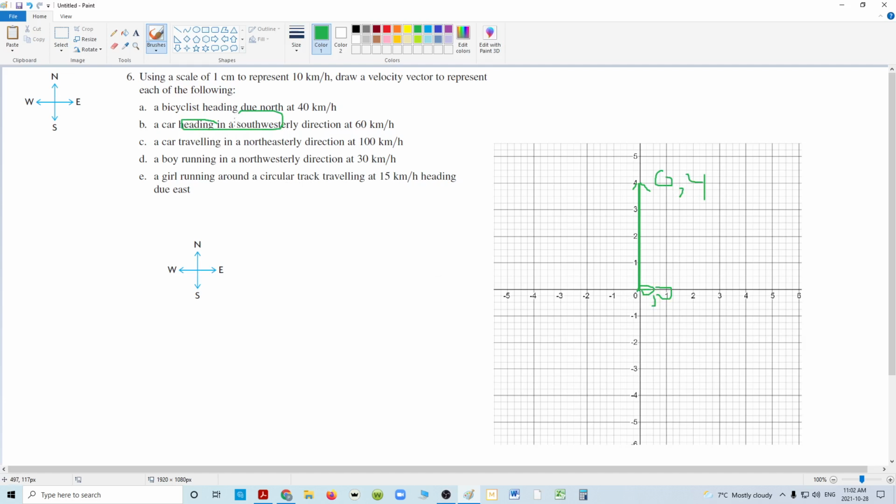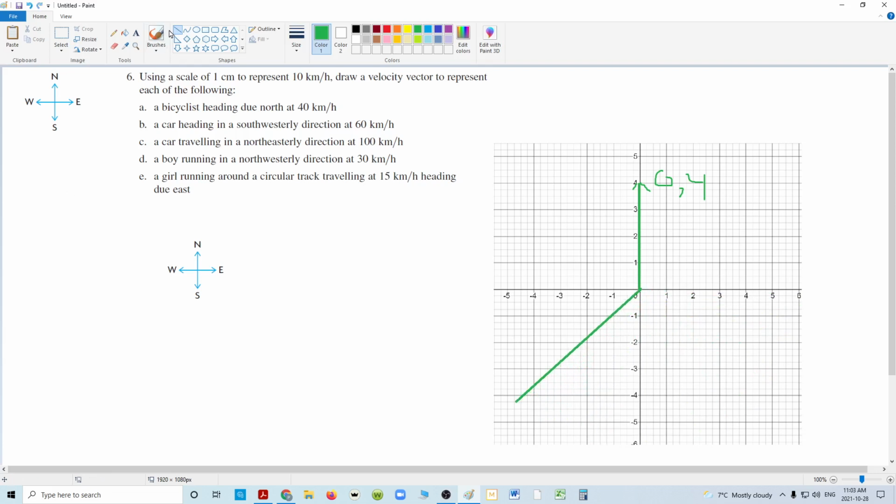Car heading in the southwesterly direction at 60. That's a good point. So how would we create that 60? Well, it's a little tough to do the 60. I could actually take it to here, try to spin it around, something like that.